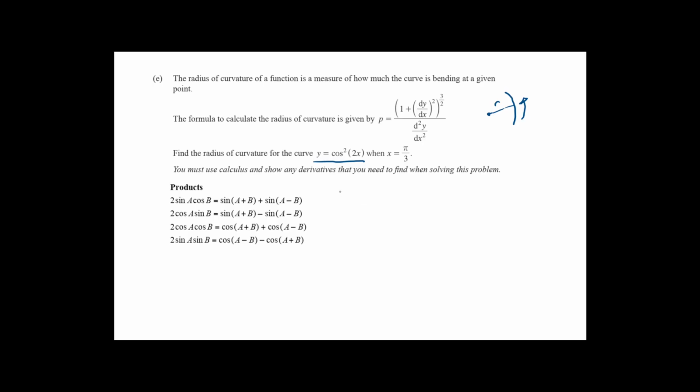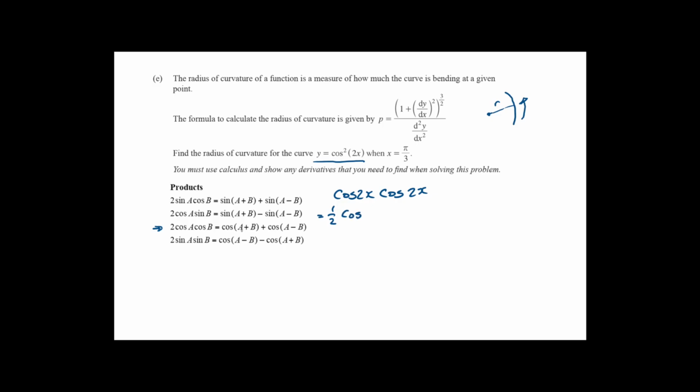Cos squared of 2x, remember, is cos of 2x times cos of 2x. And we have a little shortcut for that. We can turn it into a sum and not a product. So this is going to be equal to, we have to get rid of this 2, so there's going to be a half there.